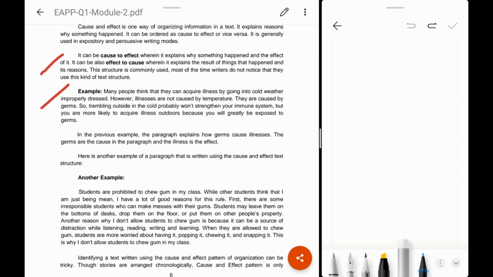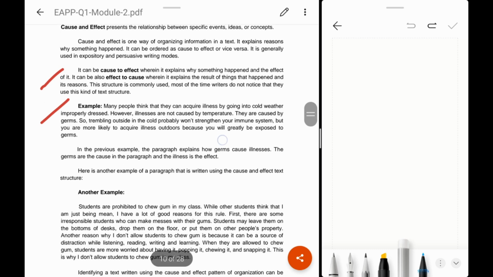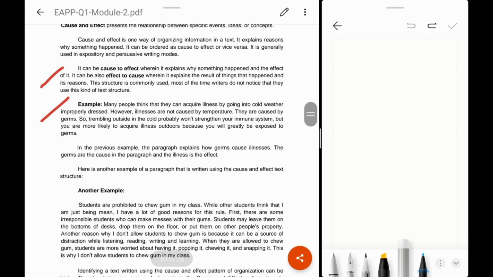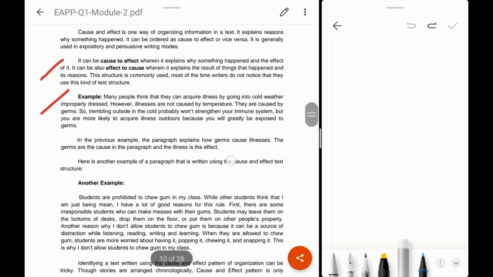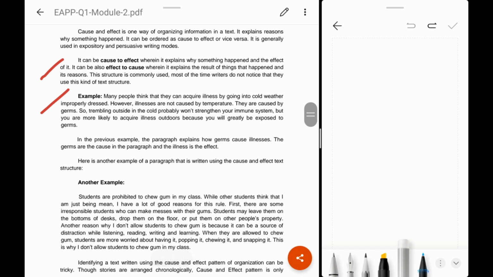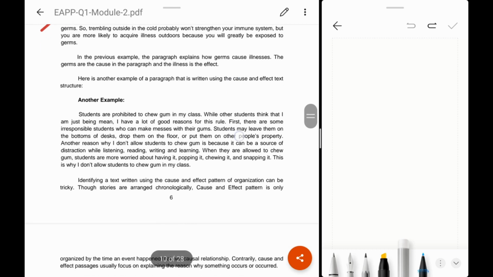That's why whenever it's raining or the weather is very gloomy, we believe that it's a very convenient season for us to catch a cold. But actually, according to the writer here, it's not the temperature that causes us illnesses. Rather, it's the germs outside. Okay? So it is clearly explained here in the paragraph the cause and effect of illnesses.